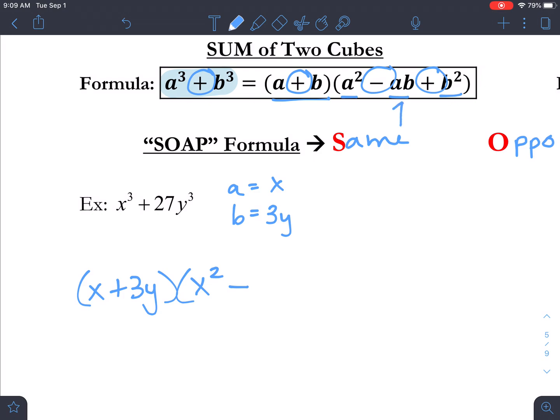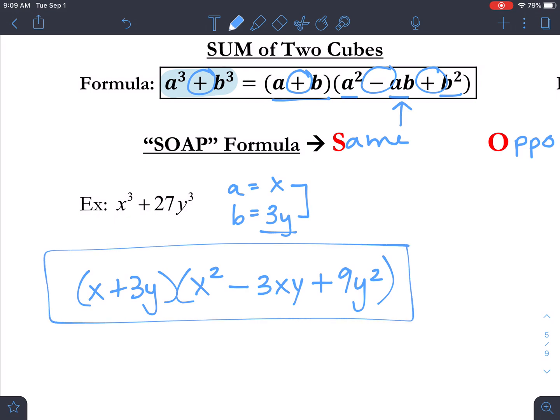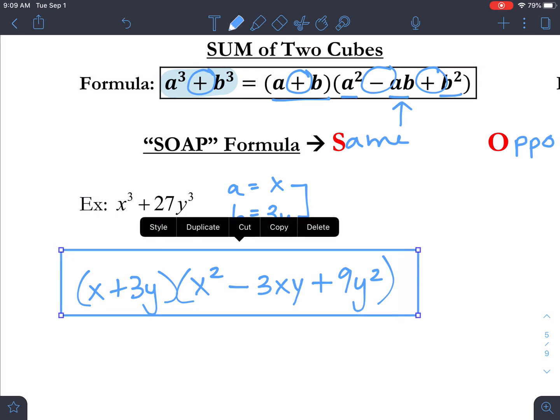The next part coming up, guys, is AB, meaning just multiply these together. So I'd get 3xy. Always positive. And we square the second term, 9y squared. And that's it. The second trinomial will never factor, so don't worry about trying to factor that.